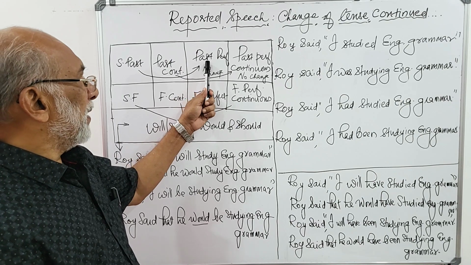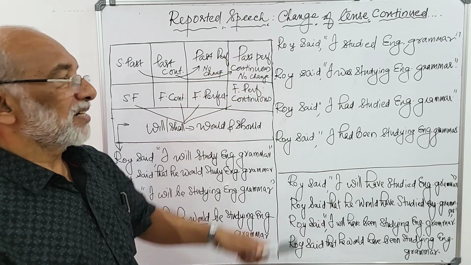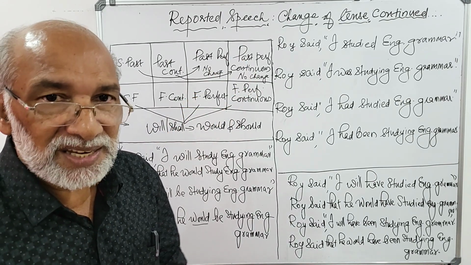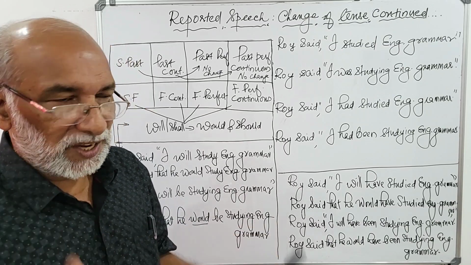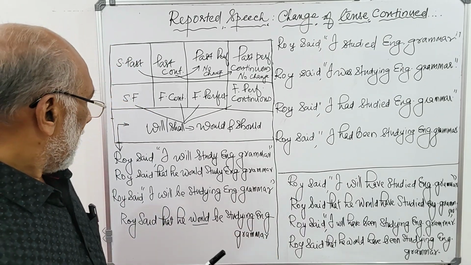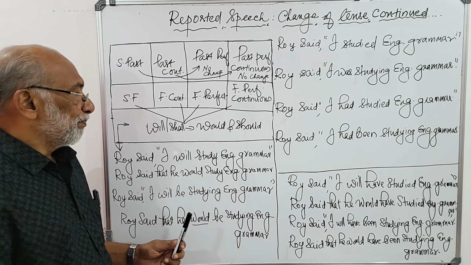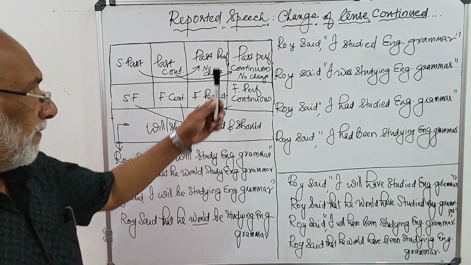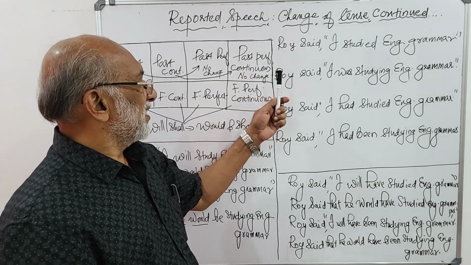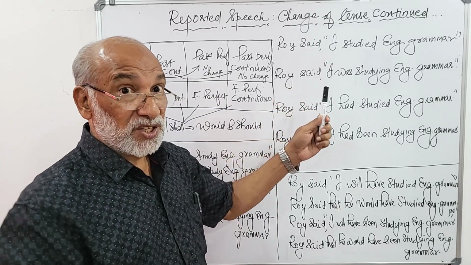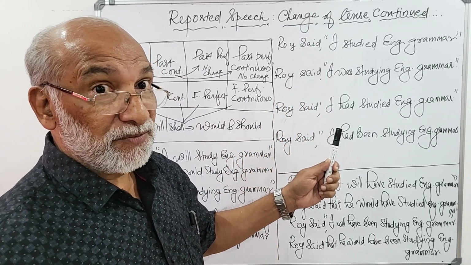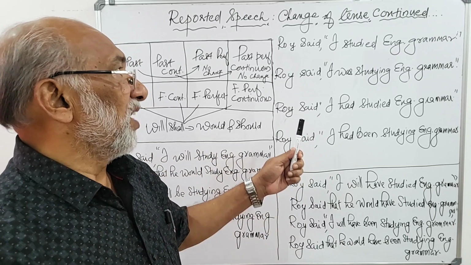And regarding past perfect and past perfect continuous tense, no change. It remains the same. Okay. See, I have written a few sentences here, 4 of them in past tense. The same sentence is taken so that you can easily identify the difference, the change.